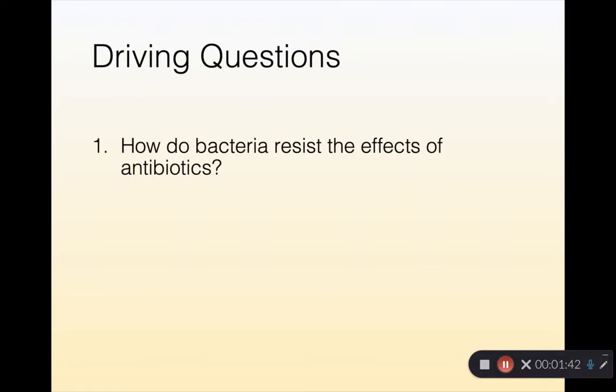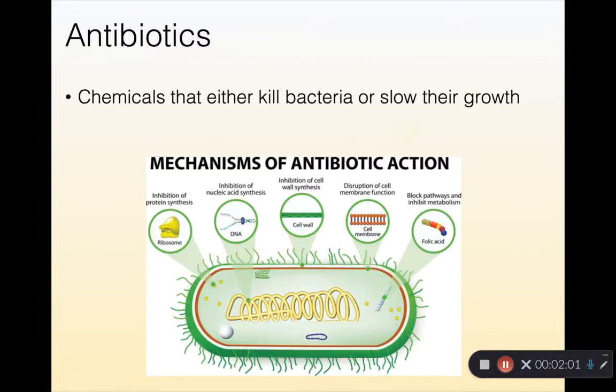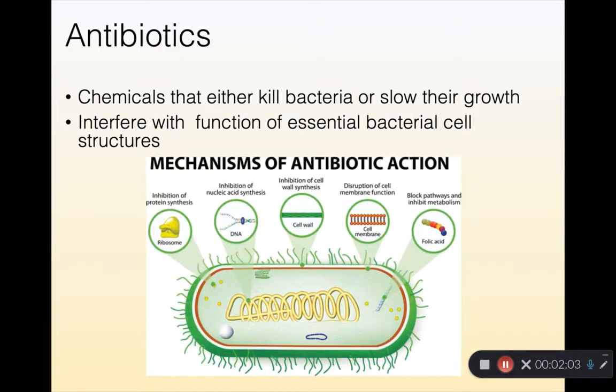The driving questions for this lecture are looking at how do bacteria resist the effects of antibiotics? And then through that lens, we're going to be talking about how populations evolve and what is the role of evolution in antibiotic resistance. So when we're talking about antibiotics, antibiotics are simply a way for us to describe a chemical that either kills bacteria or inhibits their growth in some way.